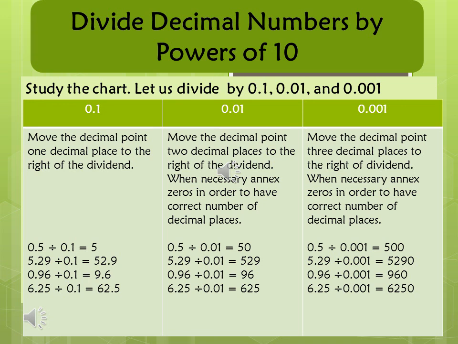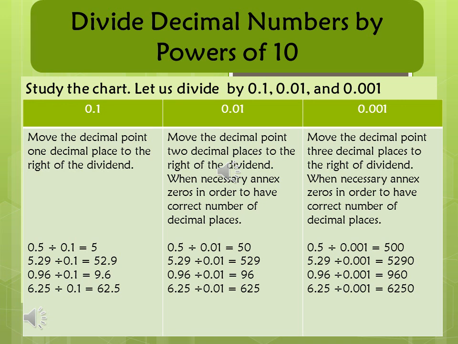Ibig sabihin, imove nyo ang decimal point ng isang beses sa kanan ng dividend. Example natin, 5/10 divided by 1/10 equals 5. So, imove nyo ng isang beses yung decimal point doon sa dividend natin. Ang dividend natin ay 5/10. Pag minove natin ng isang decimal place yan, ang sagot ay 5.